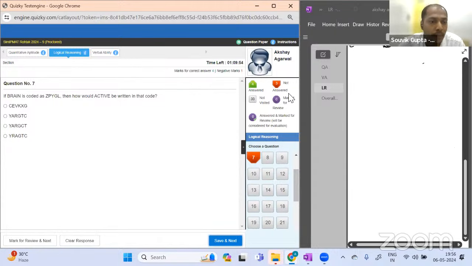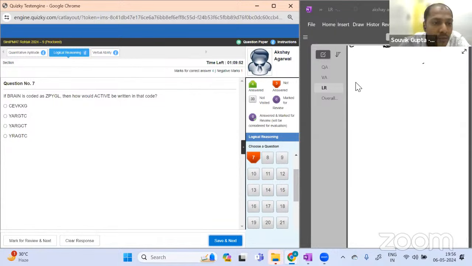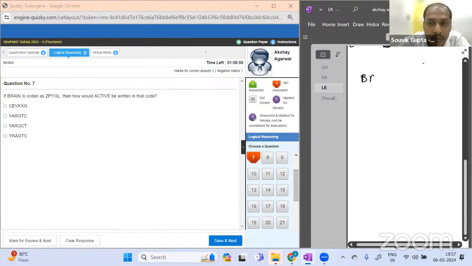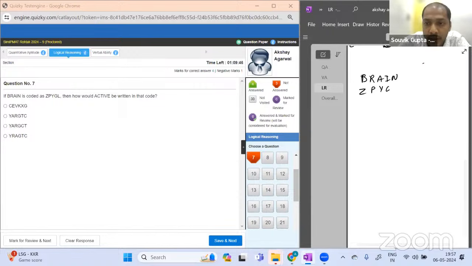Okay. Brain is coded as ZPYGL. 2 is coded as 26. Just one second. There is something bothering me.